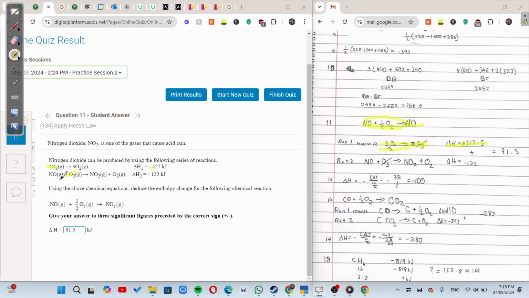Now for the second reaction, you don't have to do anything to it, because NO matches the NO here, and the NO2 matches the NO2. So just cancel these and add your two reaction heats together. You're going to get your answer to be negative 91.5. So now on to the next question.